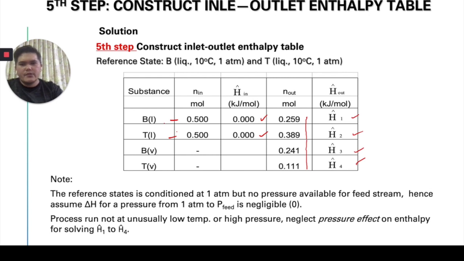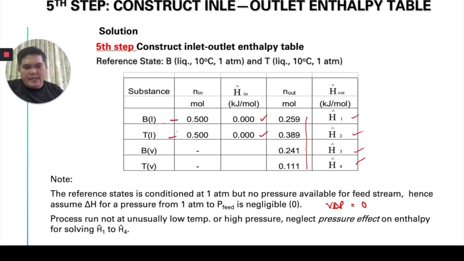What is mentioned here is that the reference state is at 180 mm, but there is no pressure available for the feed stream. Therefore, anything to do with changes of pressure, V delta P, equals 0, which is negligible.